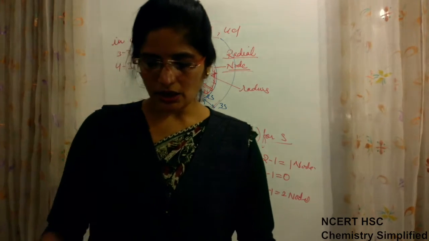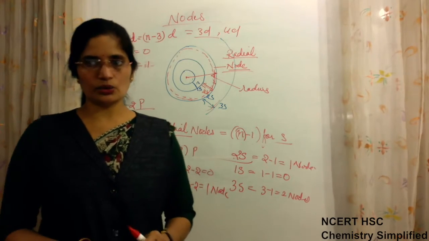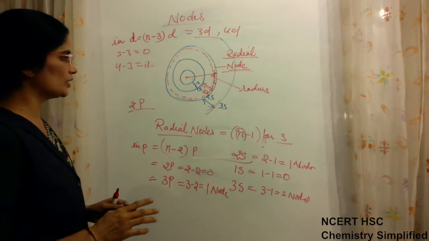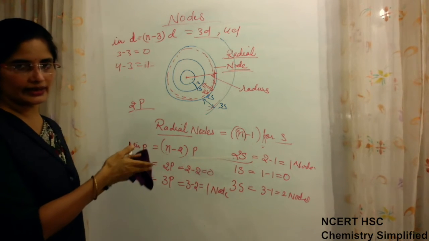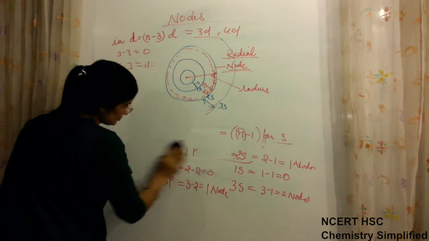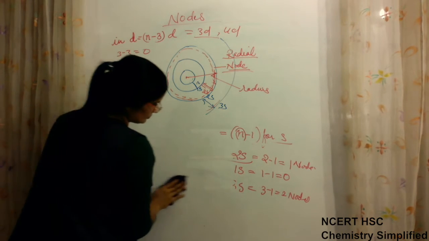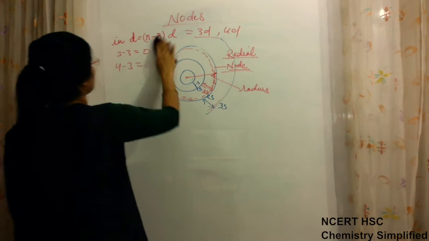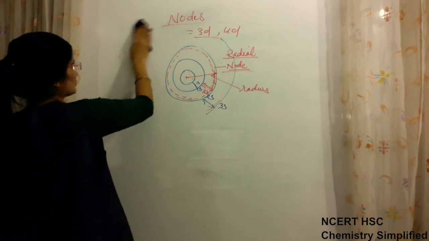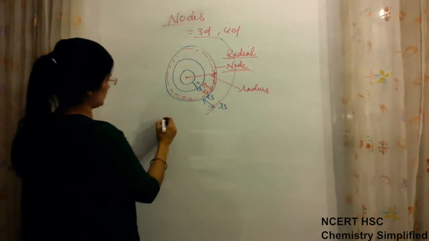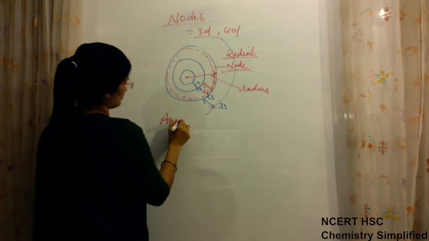Clear? Now, apart from these radial nodes, there is one more type of node which is known as angular nodes. And angular nodes are not as complicated as radial nodes. Now we talk about angular node.